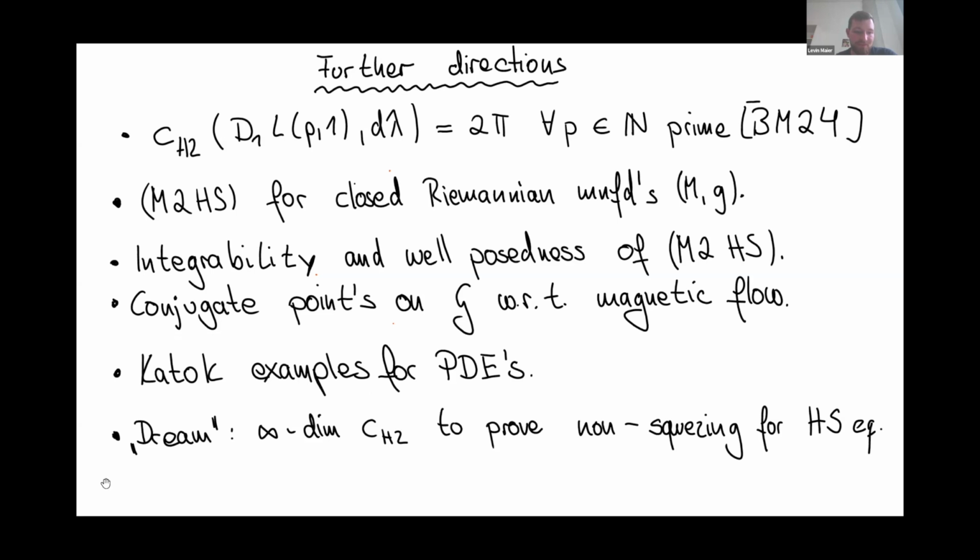And the dream would be to have defined infinite dimensional capacities in some meaningful way, or adapt already existing definitions of that, to prove a non-squeezing property for the Hunter-Saxton equation. And that's it. Thanks for your attention.